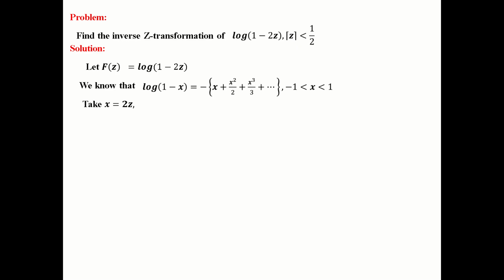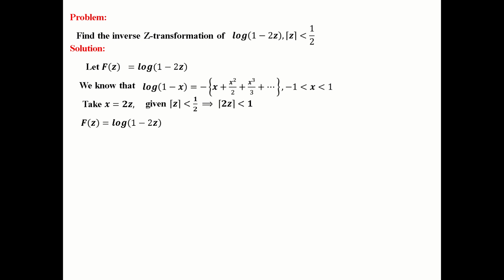Take x equal to 2z. This implies, given mod z is less than 1 by 2, that means multiplying by 2 on both sides, you will get mod 2z less than 1.